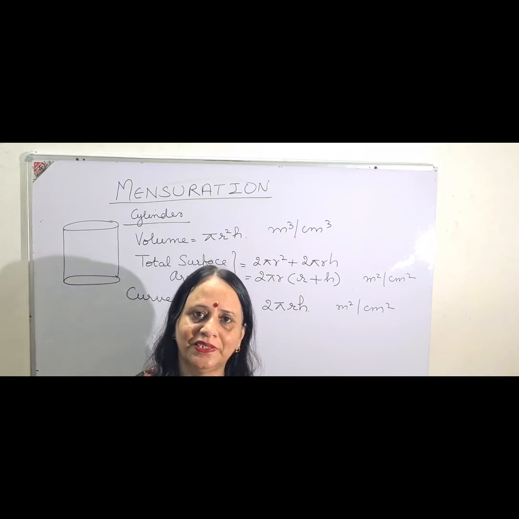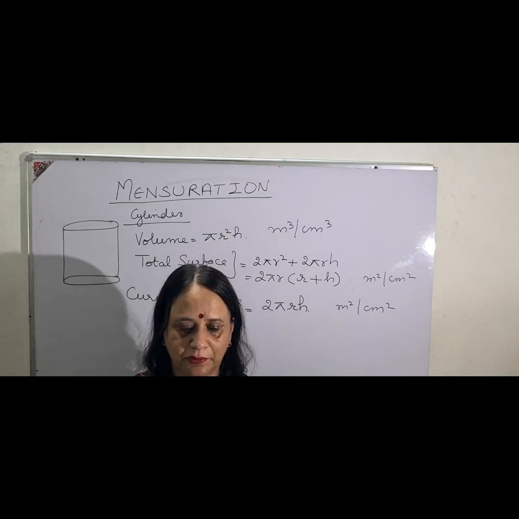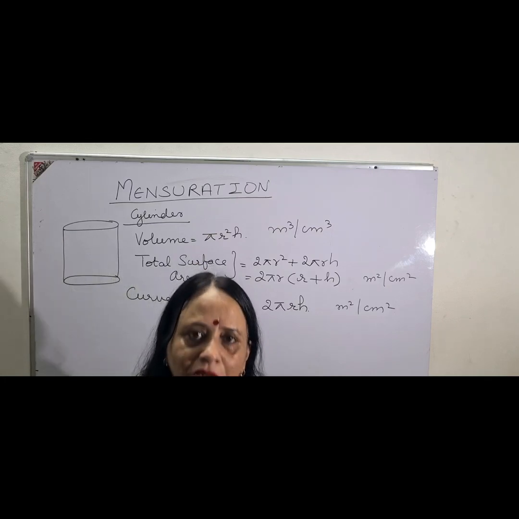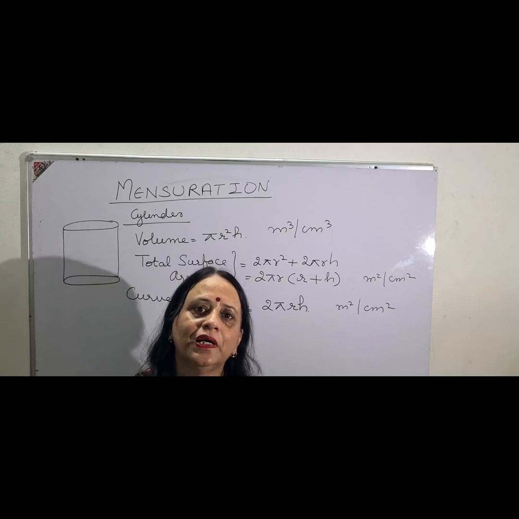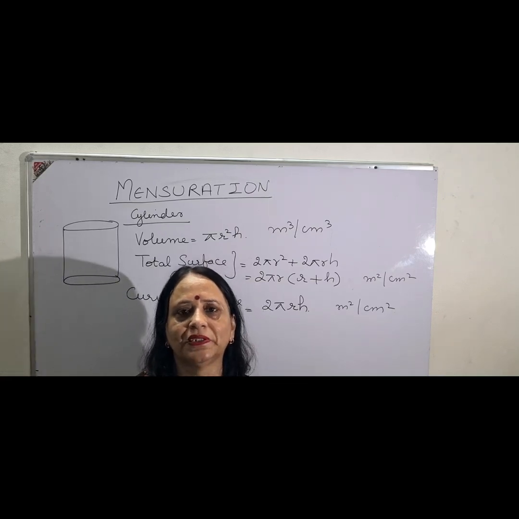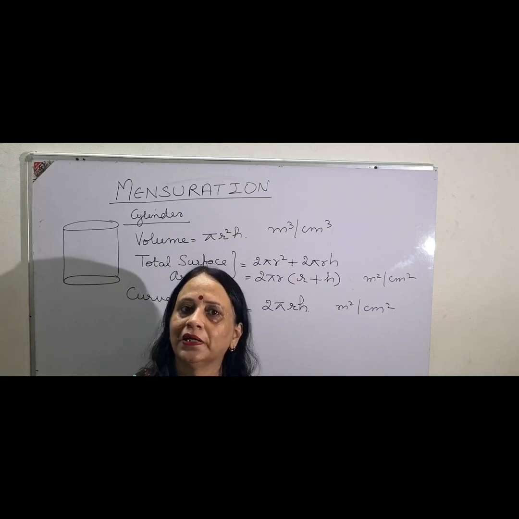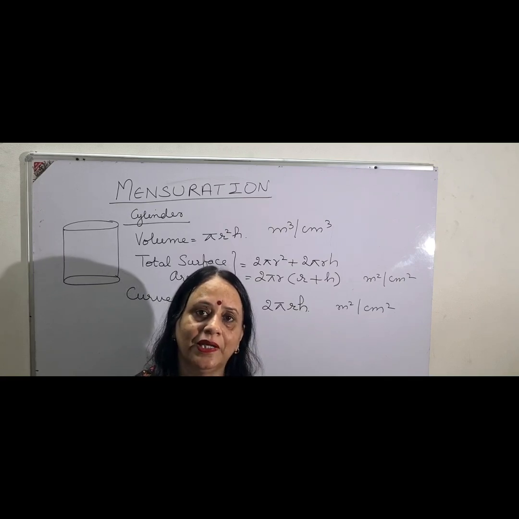Okay children, now the next chapter which you are going to understand is mensuration. This is chapter number 20, page 294. For your information, I will tell you that only two topics of this chapter we are going to consider, because the chapter has been cut: only cylinder and cone.